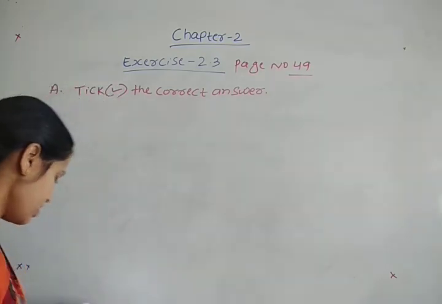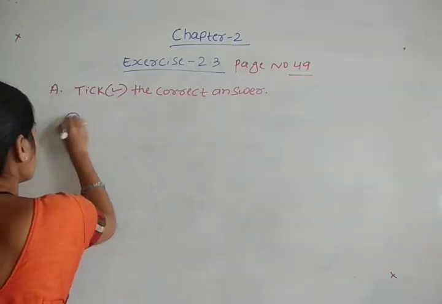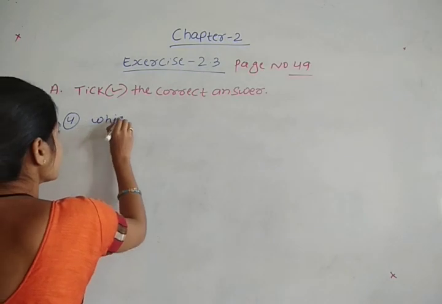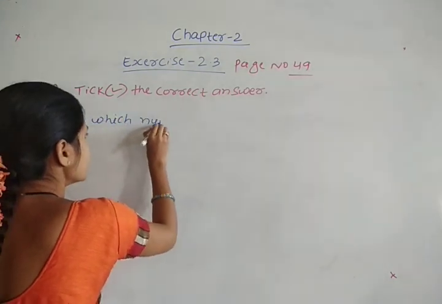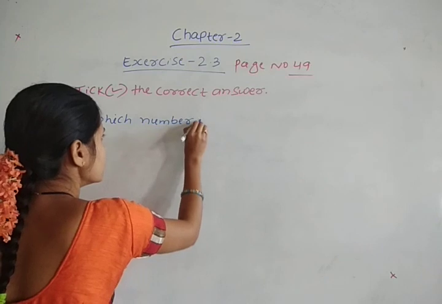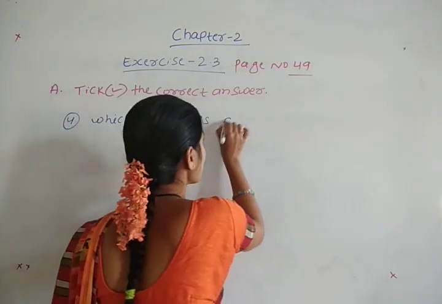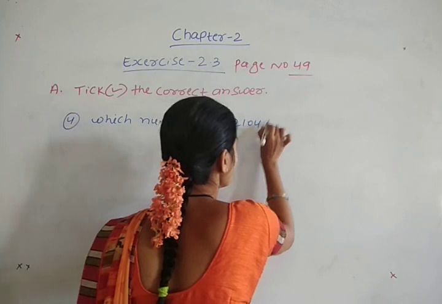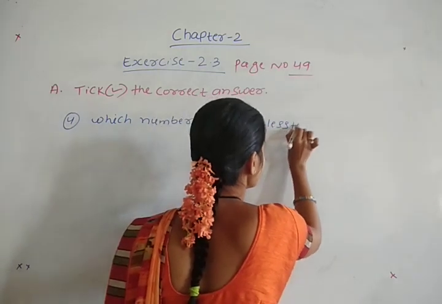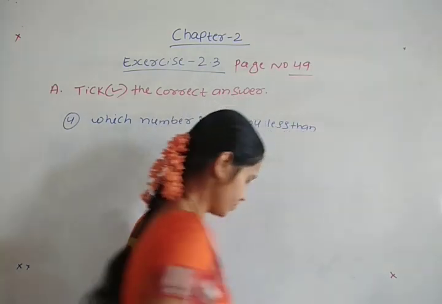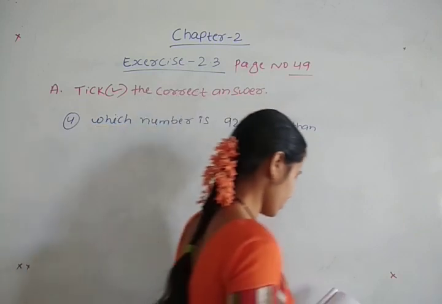In question number 4, which number is 92,104 less than 1 lakh?